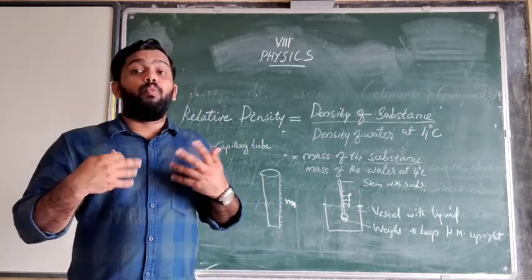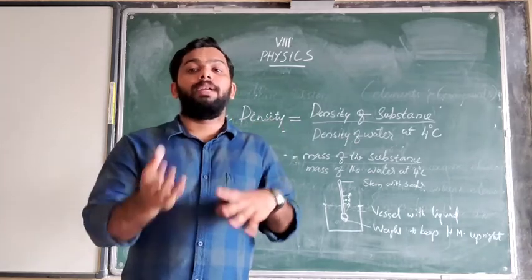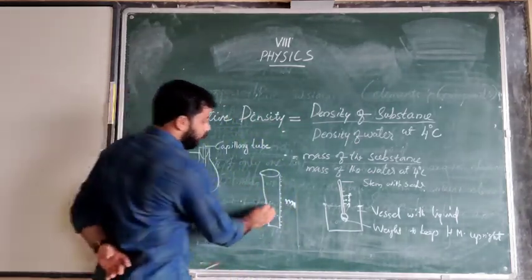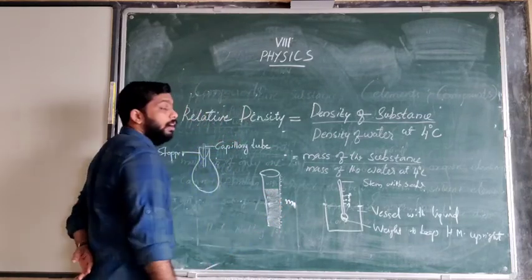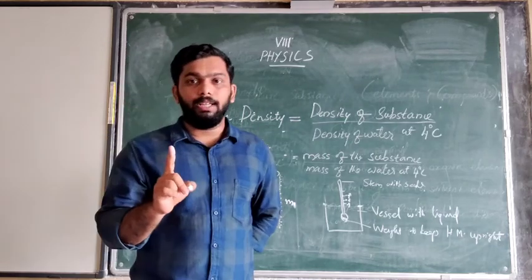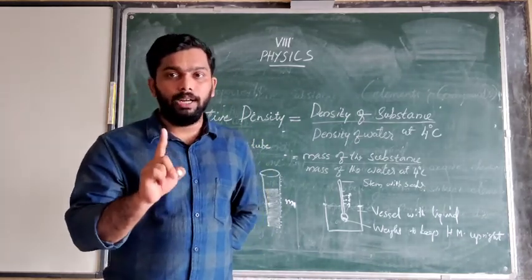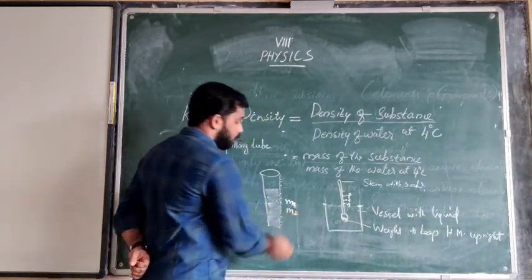That means the liquid whose density should be calculated, you have to pour into the measuring cylinder. So you are going to fill it, and you will again take the mass of the measuring cylinder with the given liquid. Let it be M2.